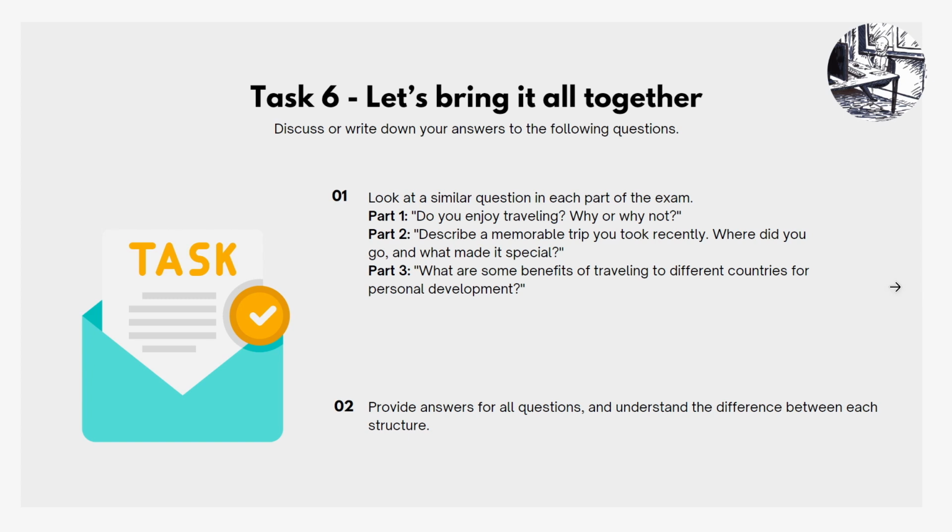I want you to provide answers for all questions and understand the difference between each structure. So write down or say your answers and then see if you can explain the difference between part 1, 2 and 3. This is really our first time that we can really practice doing these questions. But of course, in the future lessons, there's going to be a lot more opportunity for you to practice.